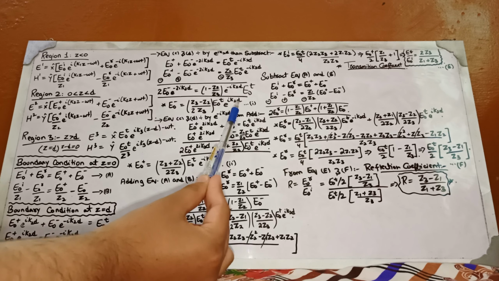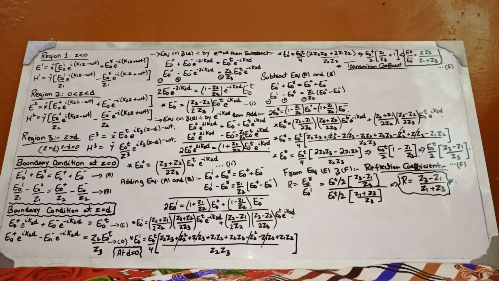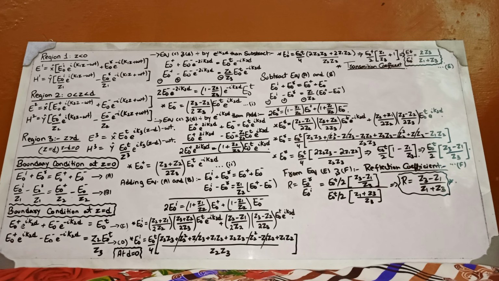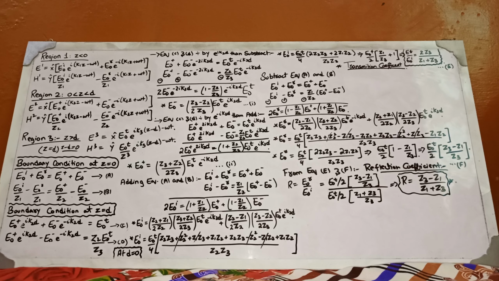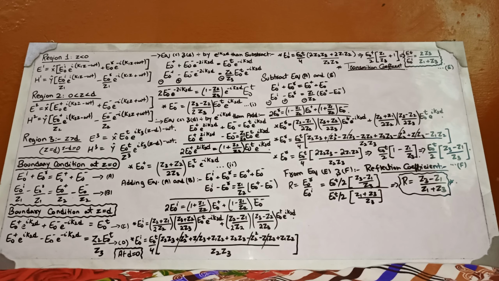So let's suppose this is your equation 1. Similarly, now you are going to solve the relation for E0+. How can you solve it? You can do the same procedure.